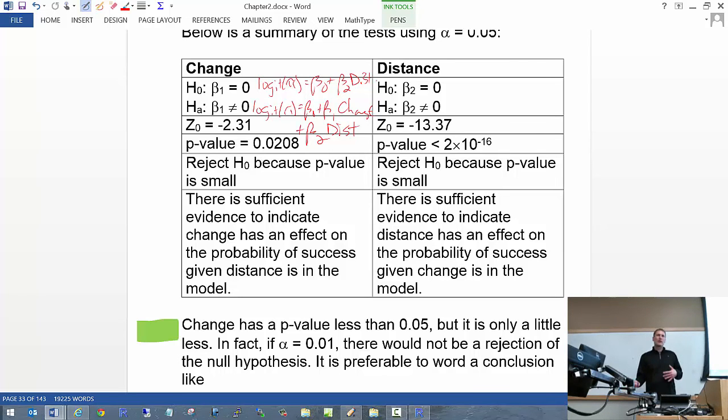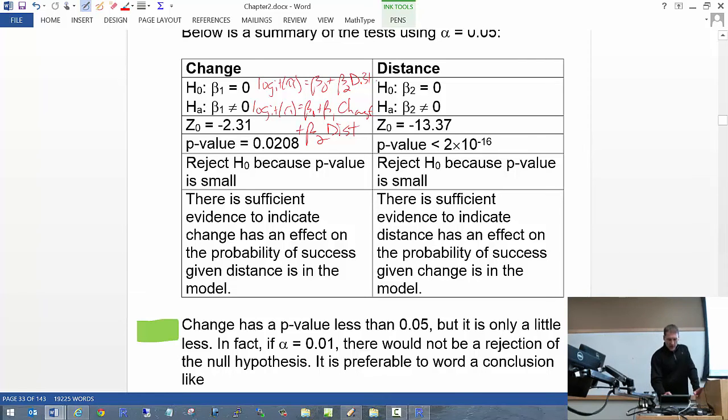So, should you base your conclusion so strongly on whether alpha 0.05 or alpha 0.01 was chosen? No. What's better to say is that there is some evidence here. I would say it's marginal evidence, but there is some evidence that change does have an effect on the probability of success.